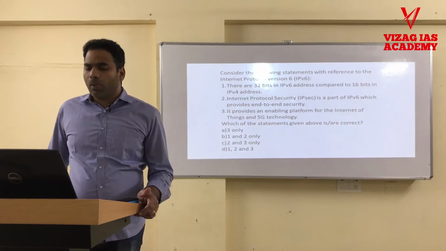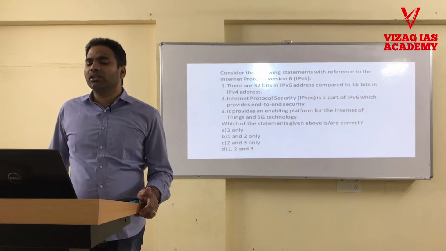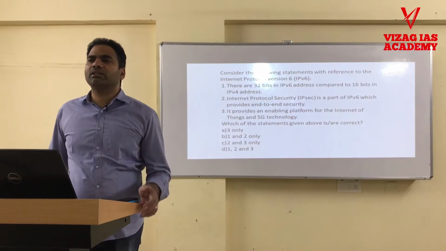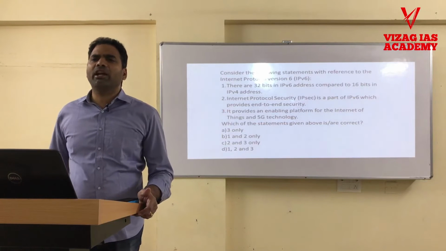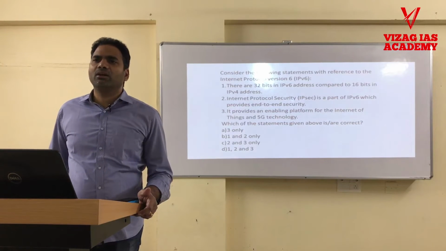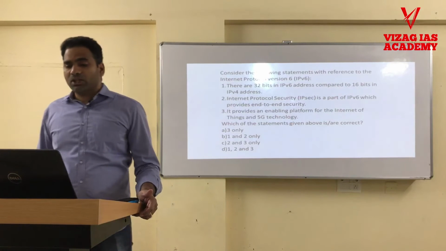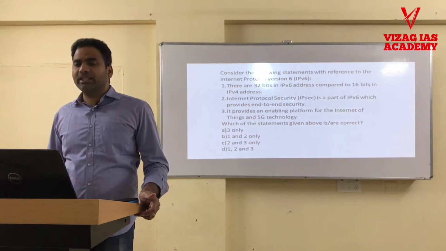It provides an enabling platform for the Internet of Things and 5G technology. Not only Internet of Things and 5G technology, but edge computing, anything that is new and needs any hi-fi tech, it will operate on IPv6. Mark it like that if you have that in the question. So the answer here is 2 and 3, C.